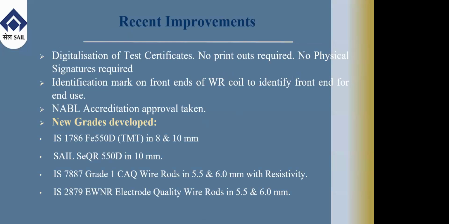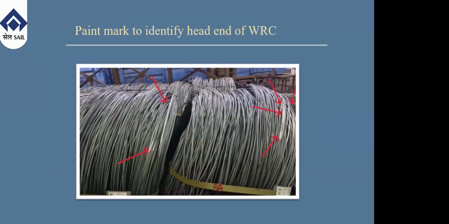Also, in 2023 and 24 we have taken NABL accreditation. As you can see from the picture, which is not very clear, we are putting aluminum paint on the front end, so that it can be identified as the front end and the back end of the coil.